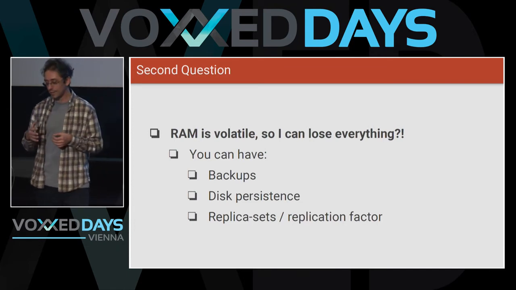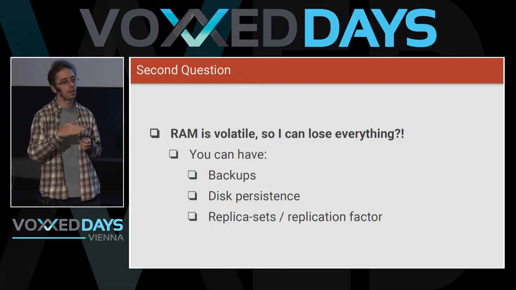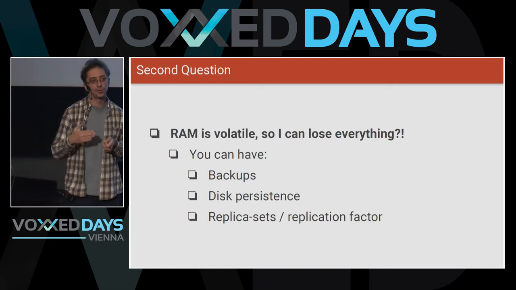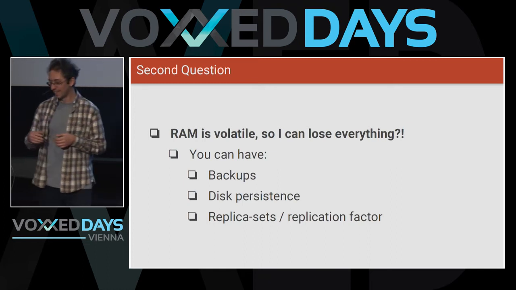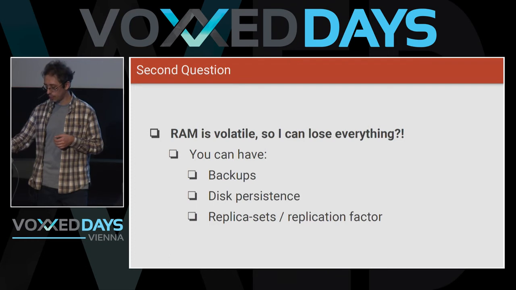So even if you have disk persistence, where everything which goes to memory is also saved on the disk, it's still good to do backups from time to time. Besides Memcache, which is a little bit different, Redis and Aerospike do support it.